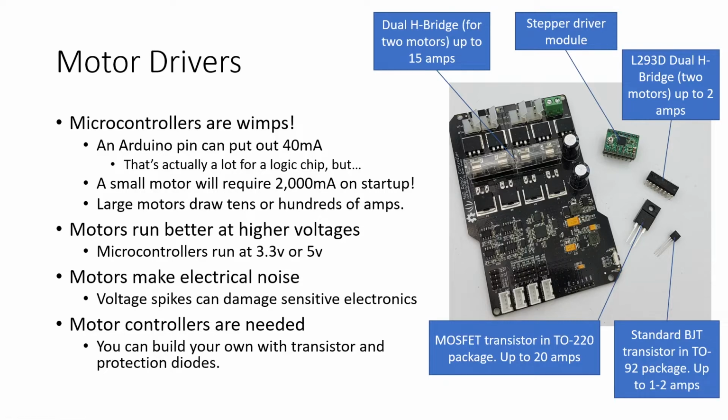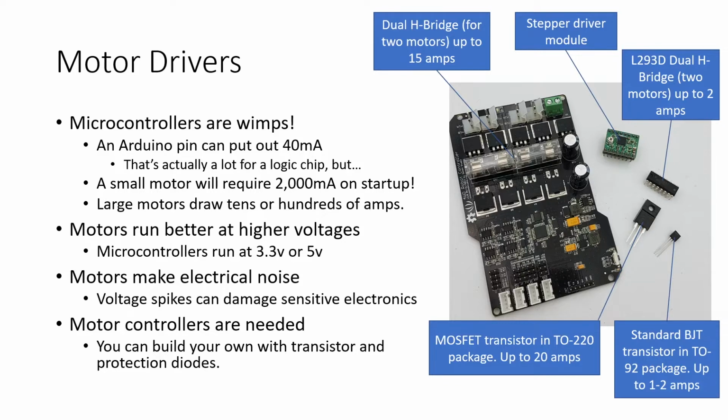The other thing that's going to be different between your motor and your microcontroller is that your motor is going to run better at a higher voltage. Microcontrollers actually tend to run better at lower voltages. They give off less heat, which means you can run your processes more rapidly. And that's why, although the standard Arduino Uno runs at 5 volts, you'll see more and more newer and more advanced devices running at 3.3 volts.